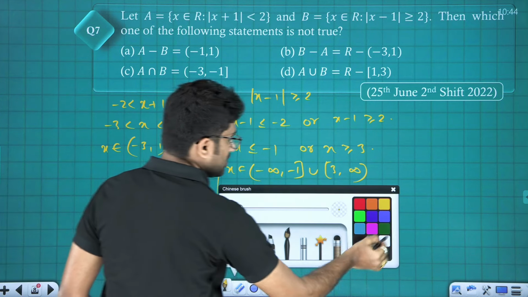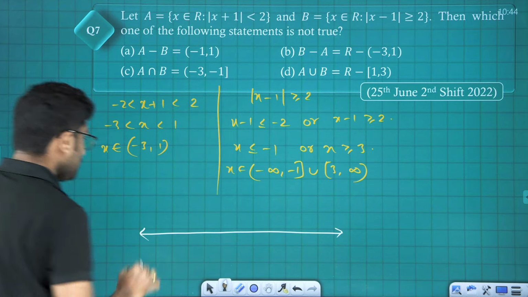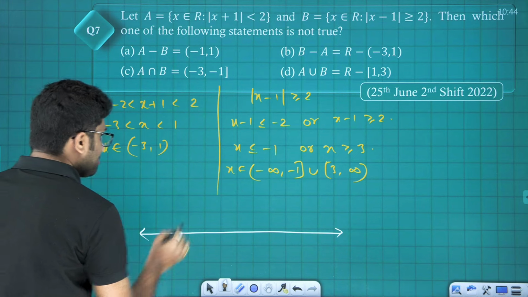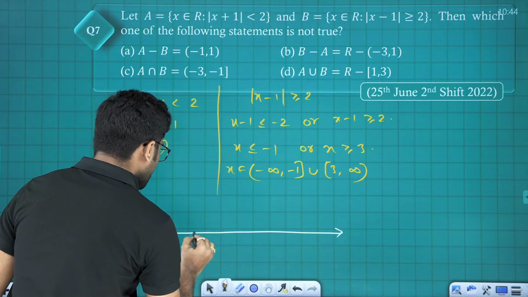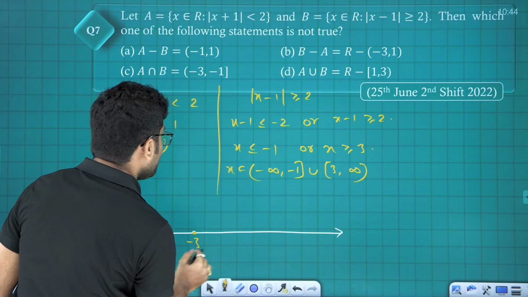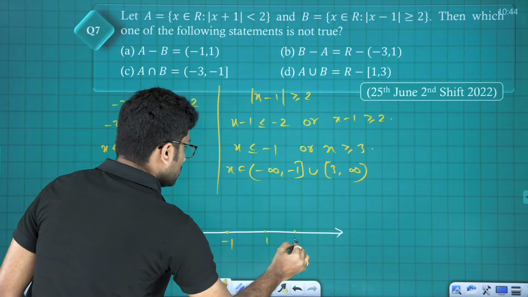Now see this, friends, let's try to represent both on this number line. We'll see minus 3 somewhere here, then minus 1, 1, 3.